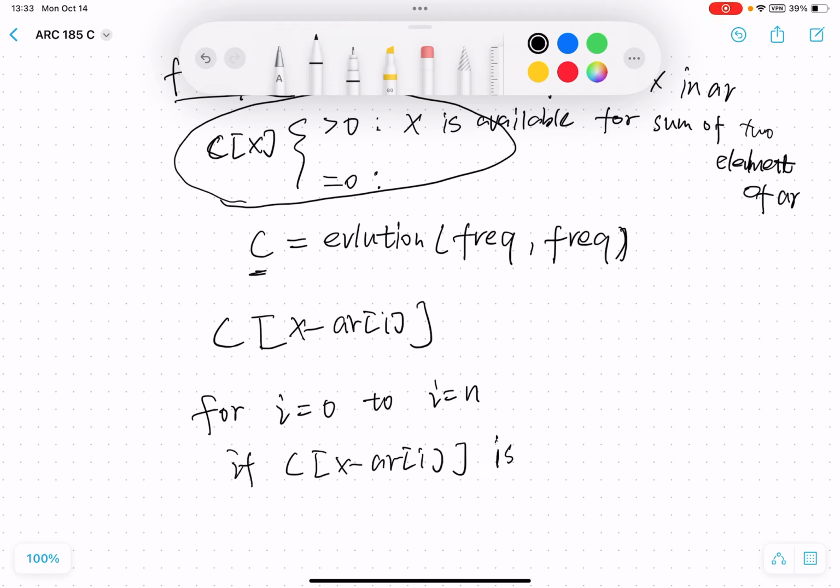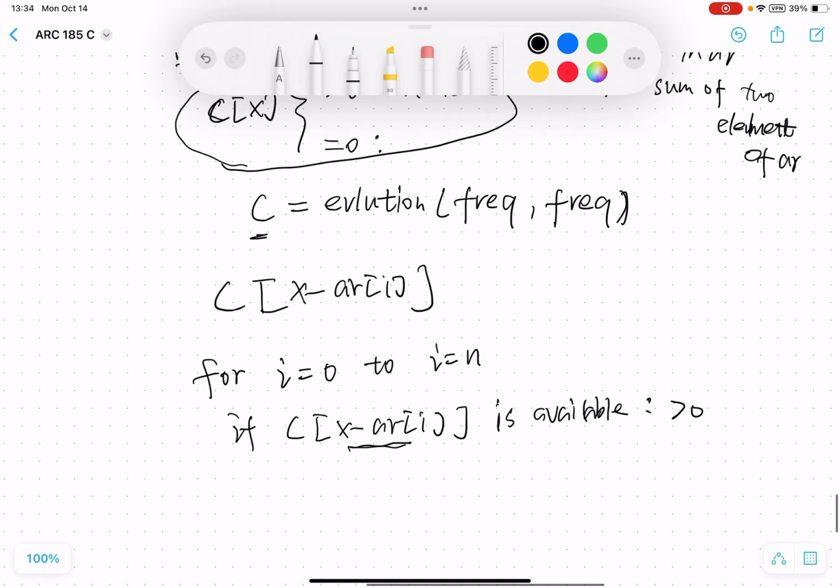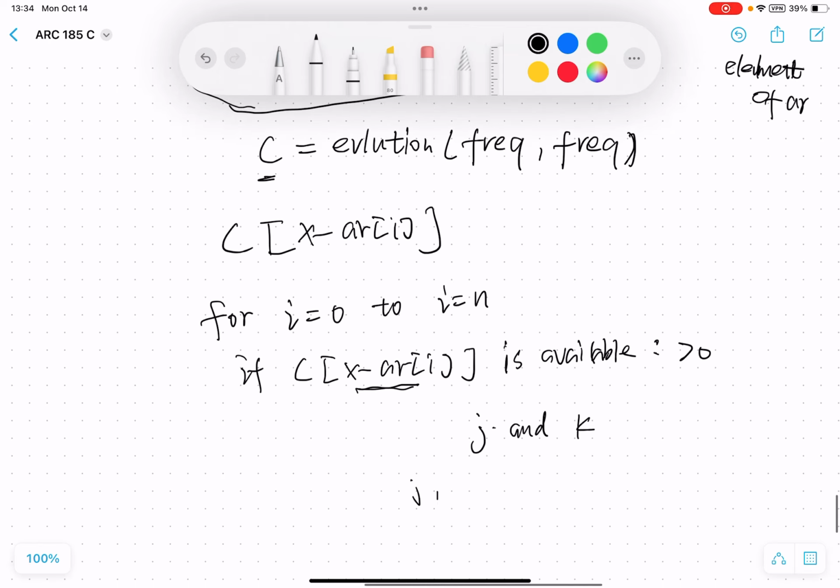If the value is larger than 0, we know we can choose two elements in the original array that sum to this value x minus A_i. If we assume these two elements are j and k, the answer will be i, j, k.